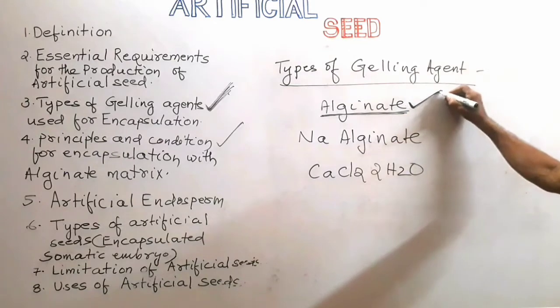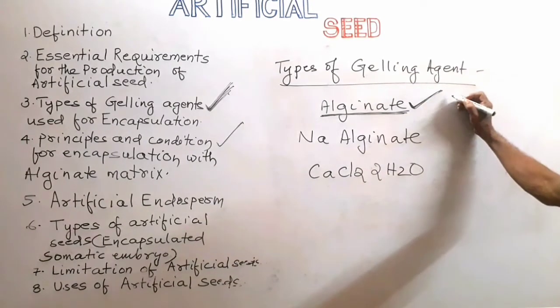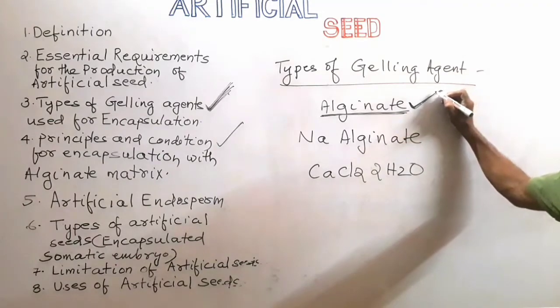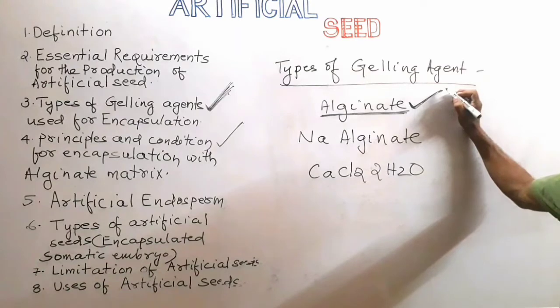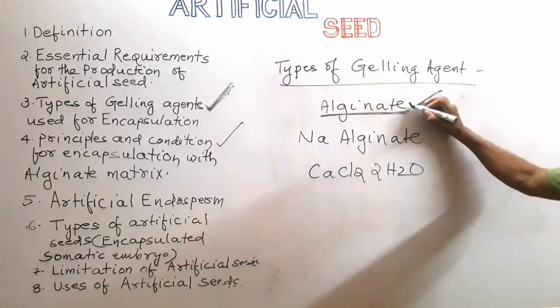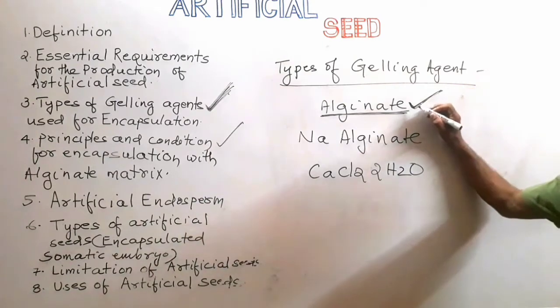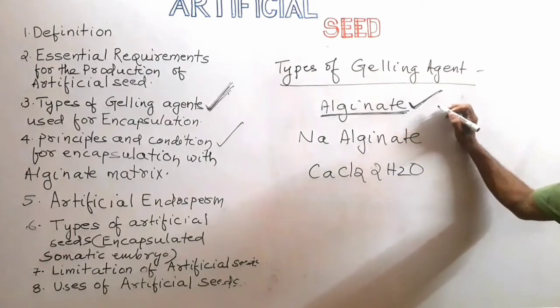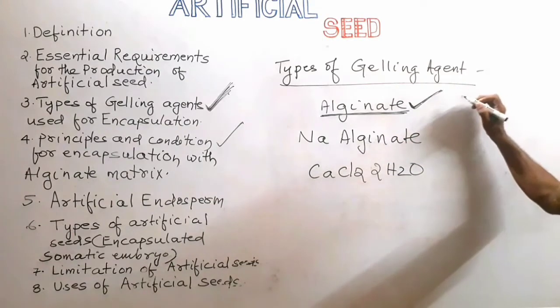Alginate hydrogel is more frequently used as a matrix for artificial seed because of its moderate viscosity, low toxicity to the somatic embryo, low cost, quick gelation and biocompatibility. Alginate enhances capsule formation. The rigidity of the alginate bead protects the encapsulated somatic embryo from mechanical injury.